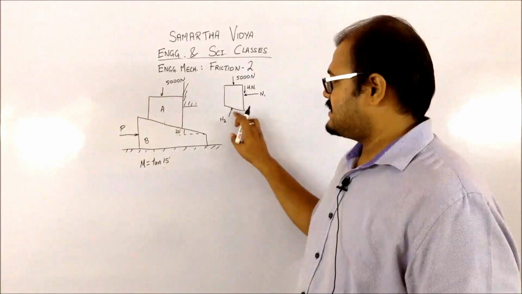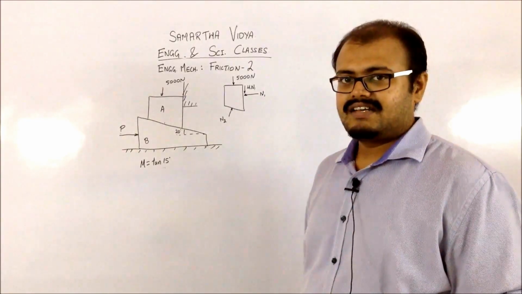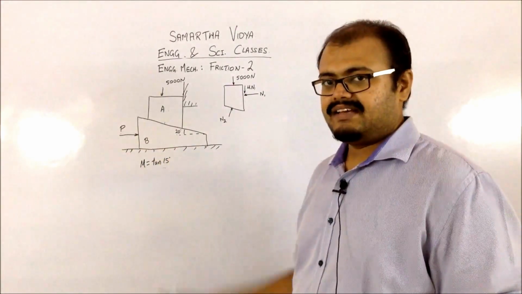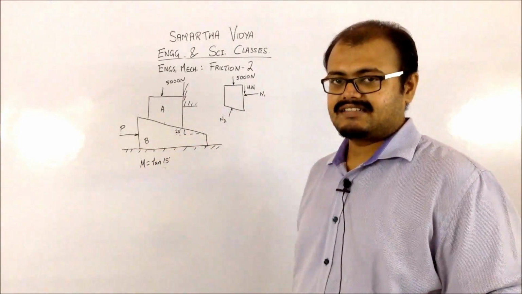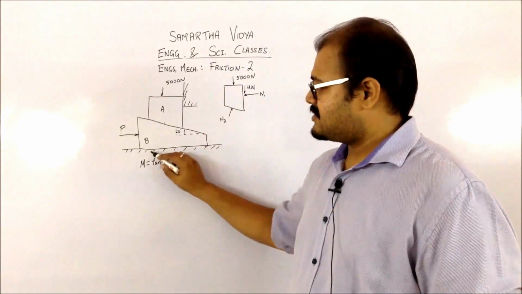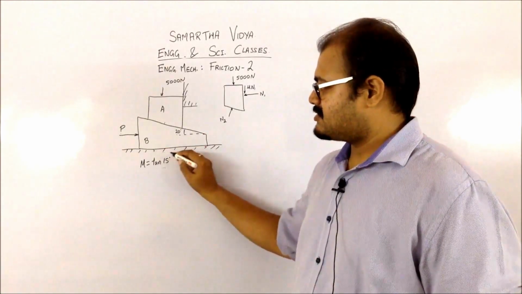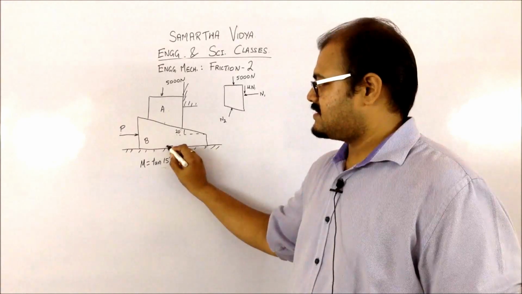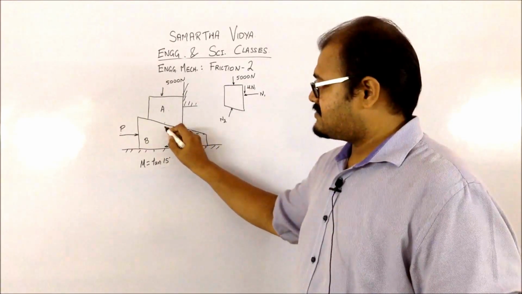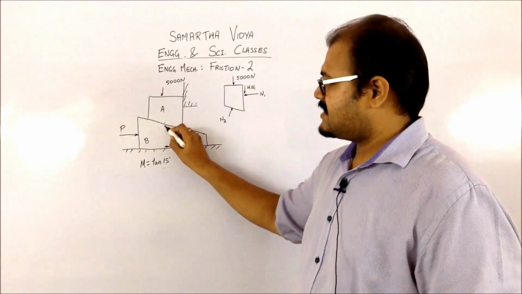Now when you are considering this particular surface, you have to understand that P is going to move block B in the right direction. Because of that, you can see that on B, because of this surface, the frictional force will be in this direction. Because of A, the frictional force will be in this direction.